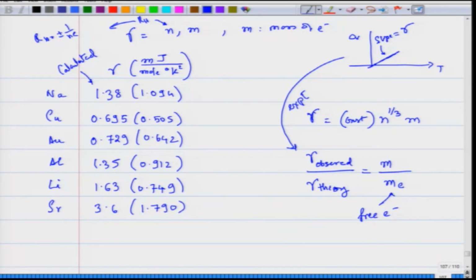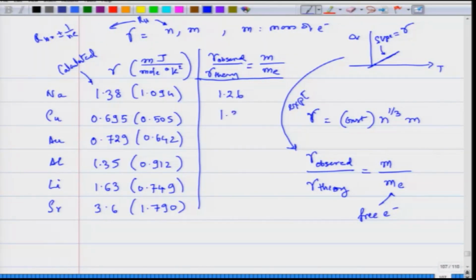So, if you take the ratio of this to this, you will get the ratio of the observed gamma to the gamma theory, which is nothing else but the actual mass of the electron divided by the mass of the free electron, and that value for sodium is about 1.26, it is about 1.38, it is 1.14, 1.48, 2.18, 2.0.